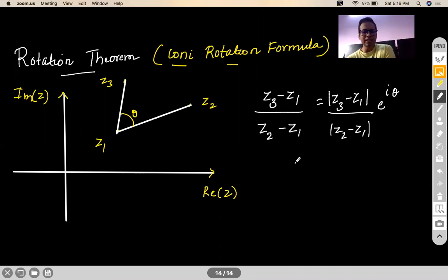Now you must be wondering, from where does this formula come? What is the proof for this formula? Okay, so let us first prove it, and then we'll learn how to apply it.